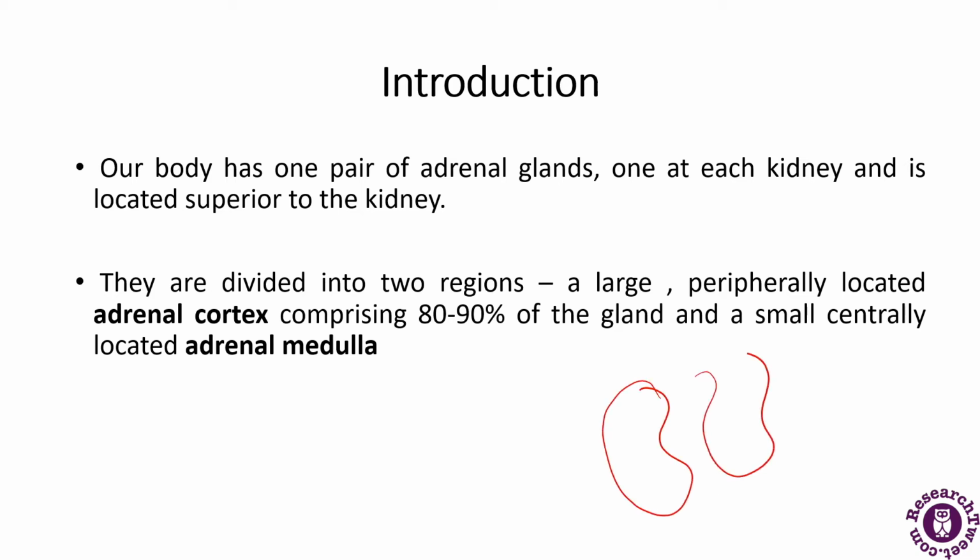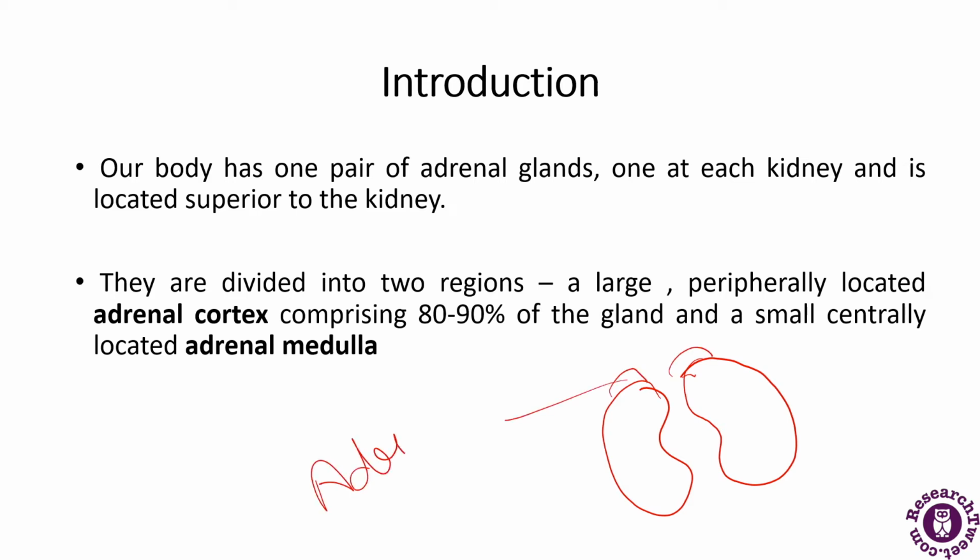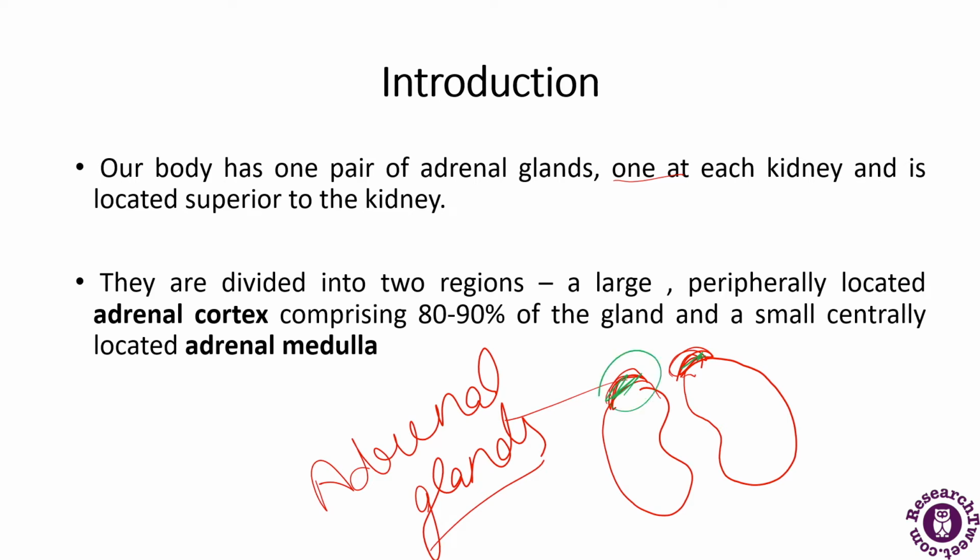There are two kidneys present, and on top of the two kidneys there are adrenal glands, one at each kidney. So there are two adrenal glands, and each is located superior to the kidney, in the upper part of the kidney.